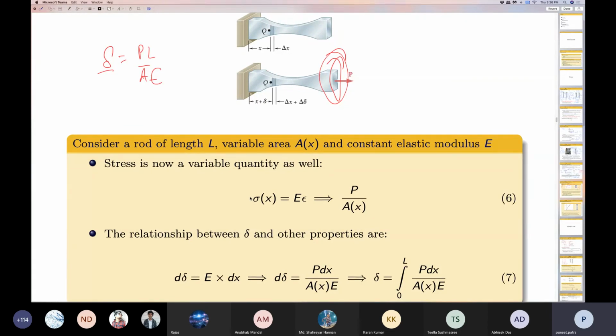So what we have to do is, just like what we did in the previous case with the definition of strain, the same information needs to go in to calculate the deflection delta.